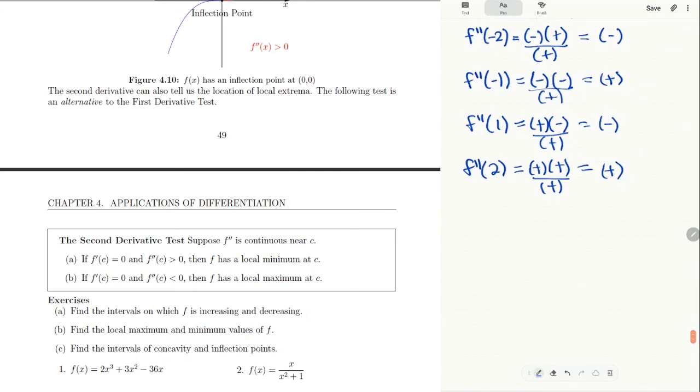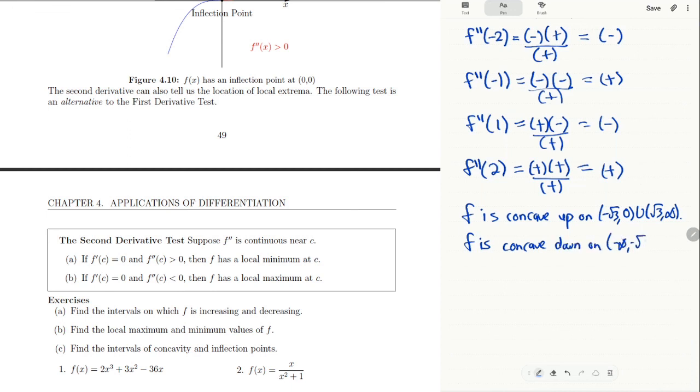So f will be concave up on the interval from negative root 3 to 0 union root 3 to infinity, and then f will be concave down on the interval from negative infinity to negative root 3 union 0 to root 3.